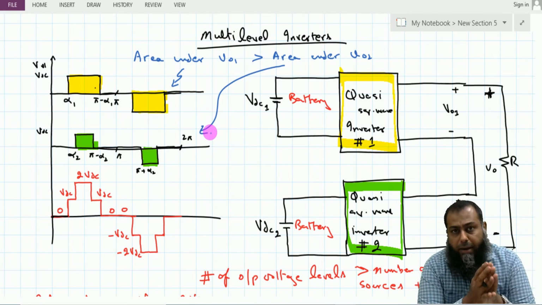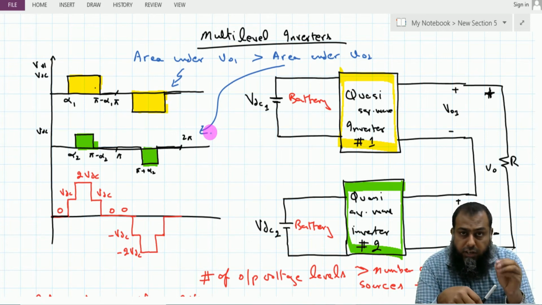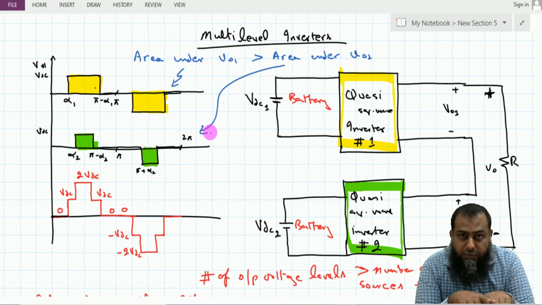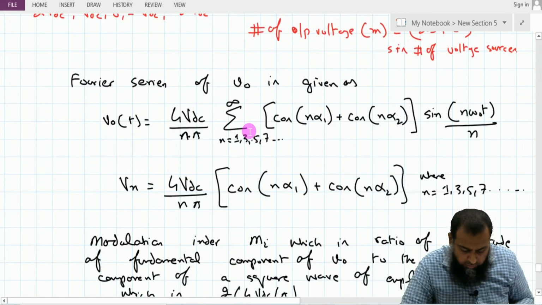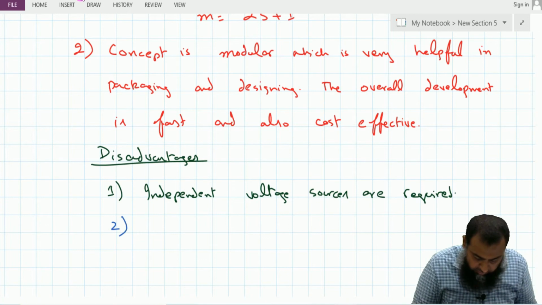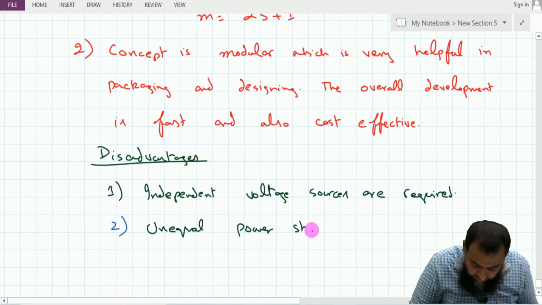Which means if we are using two different batteries for these two inverters, then the battery which is connected with inverter number 1 will deplete at a rate faster than that of the battery which is connected with quasi-square wave inverter number 2. So unequal average power sharing is actually a big problem in this kind of cascaded H-bridge inverters. So let us write down that the second disadvantage, which is a far more dangerous disadvantage, is the unequal power sharing among the sources.